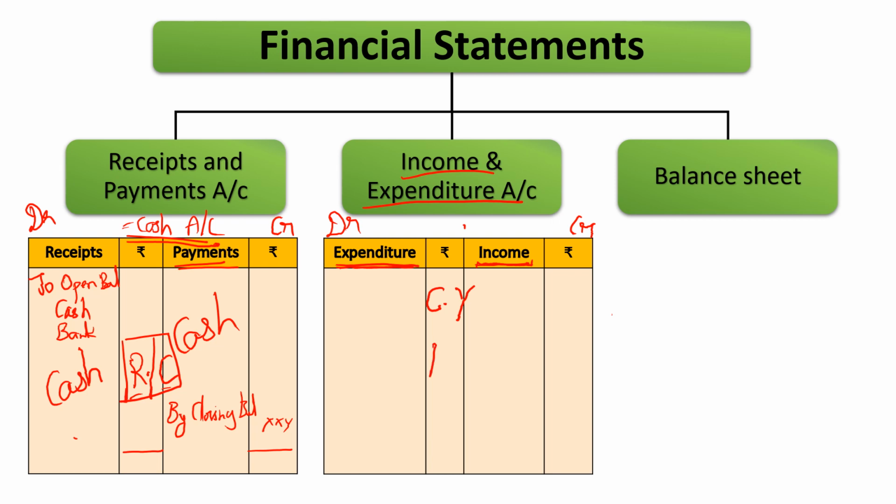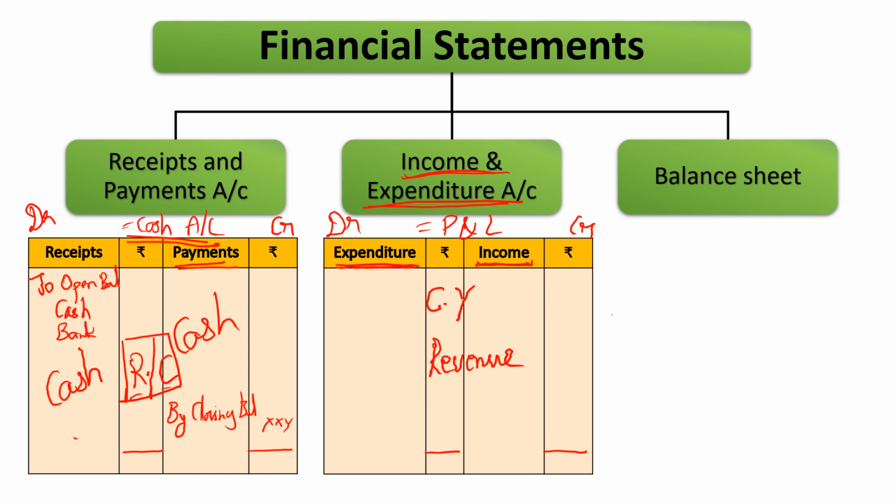Now, in income and expenditure account, you record only the revenue transactions. It is as good as the profit and loss account. Like in case of regular business, you prepare profit and loss account, but in case of non-profit organization, you prepare income and expenditure account. Now, as we know, non-profit organizations are not for profit, so if we earn profit, we cannot show it as profit.